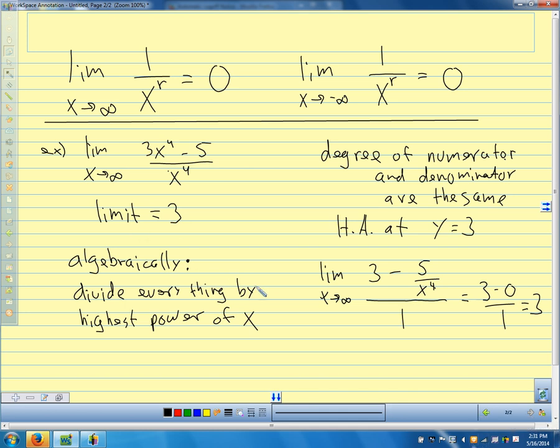So this is how we would show that this limit is 3 algebraically. But we know that's the case because we know it has a horizontal asymptote at y equals 3. But your homework questions will ask you about the limit, and it will say verify this algebraically or something like that.